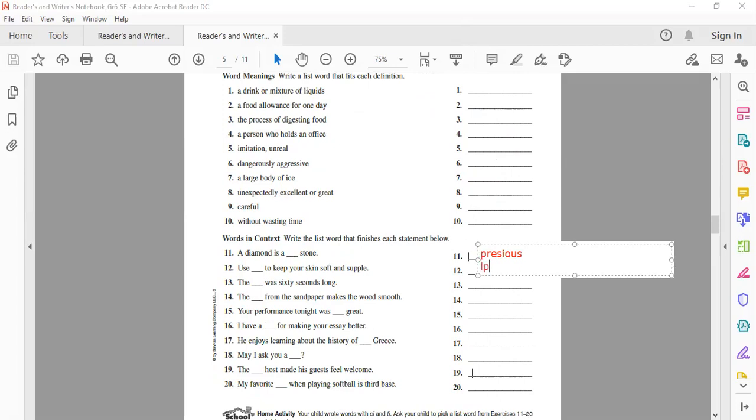The next one. The commercial was 60 seconds long. The friction from the sandpaper makes the wood smooth. Friction.